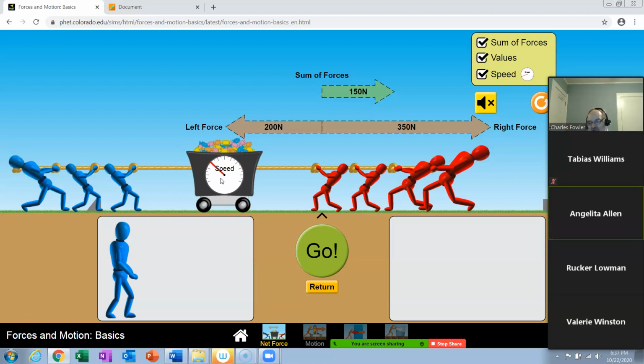Yes, in the same direction as the sum of forces, to the right. But the speed was to the left, remember? So the speed first has to decrease, come to a stop, and then start moving to the right and start increasing in speed. Follow? That's A.